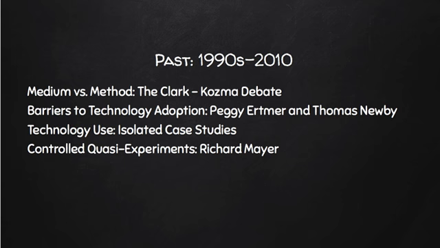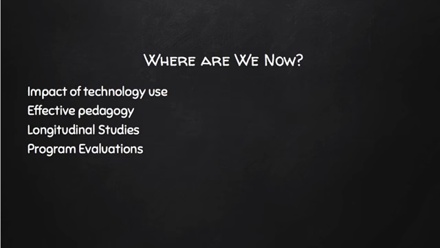So that's the field of educational technology, where it's been for really the last 20 years, maybe even 25 years, and what's been done. So where are we now with educational research or educational technology research? We are looking at the impact of technology use.